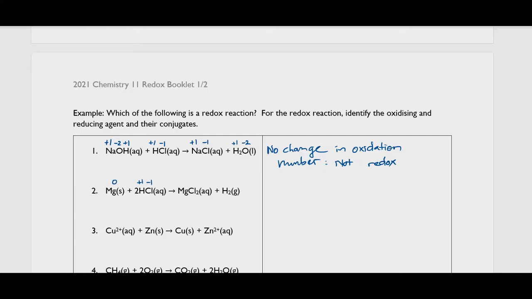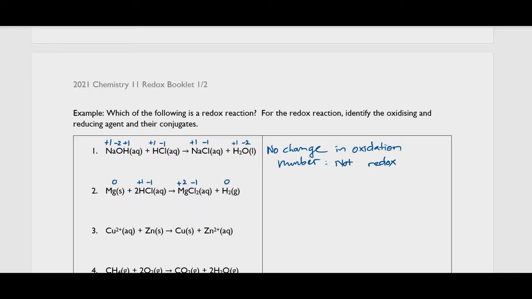Magnesium chloride is an ionic compound, consisting of magnesium ion and chloride ion, so the oxidation number of magnesium will be +2 and of chloride will be -1. And hydrogen, in H2, is a pure substance, so the oxidation number of hydrogen is 0.